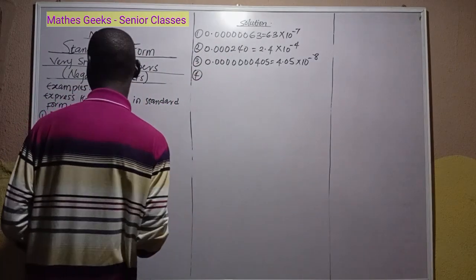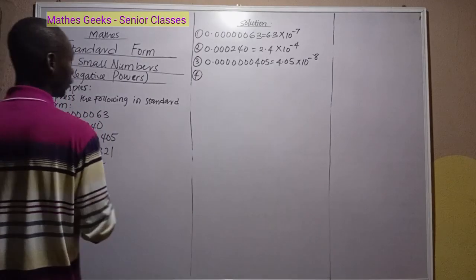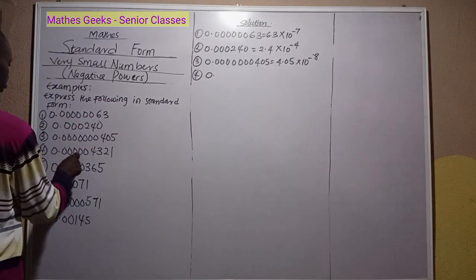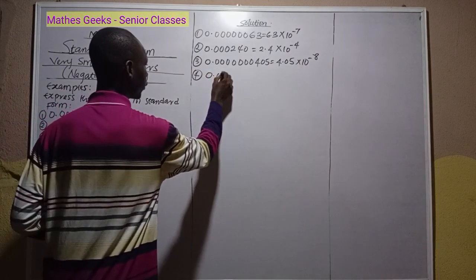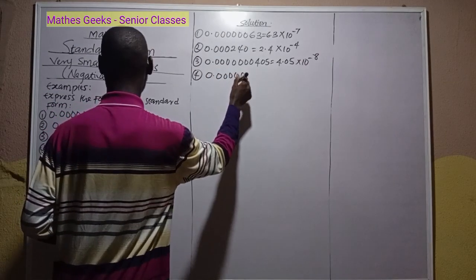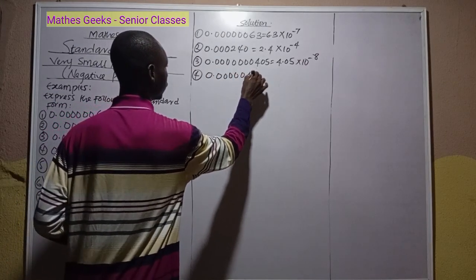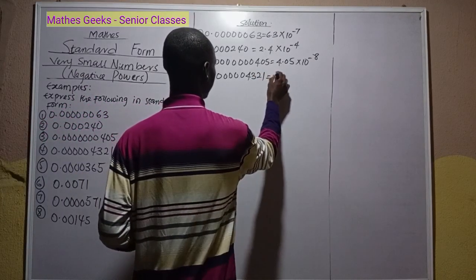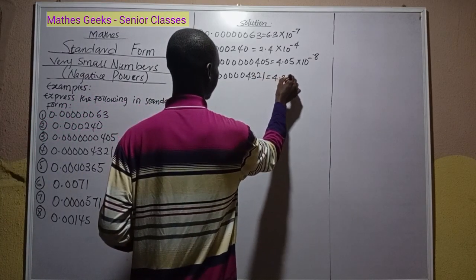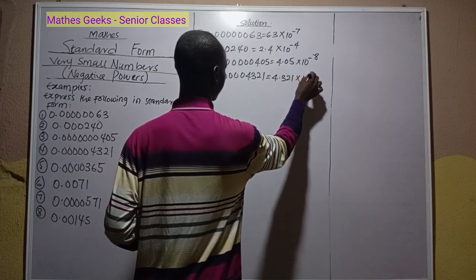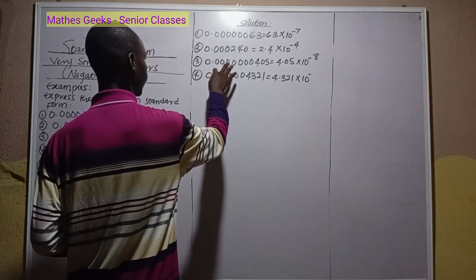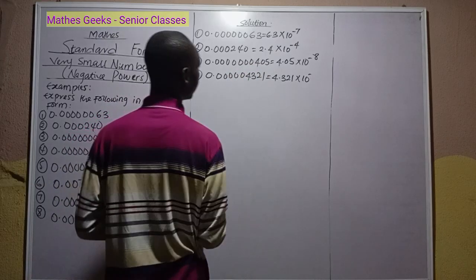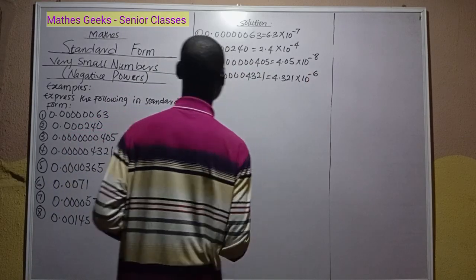Number 4, 0.000004221 equals, so this will be 4.221 times 10 raised to minus 1, 2, 3, 4, 5, 6. That's minus 6.